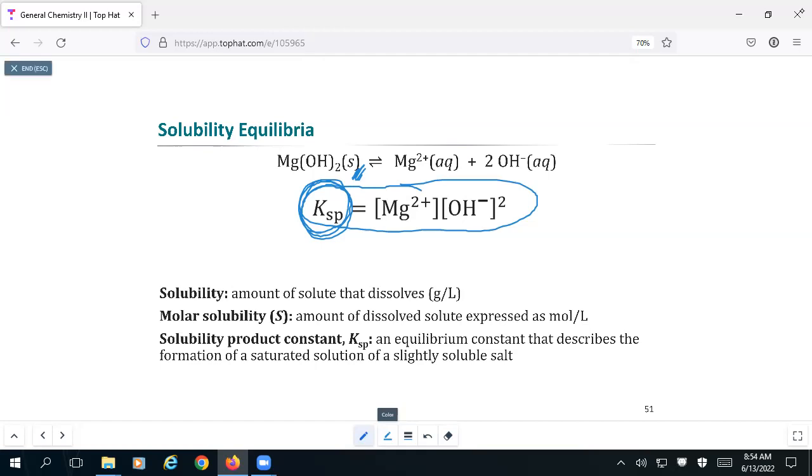Now, one thing about Ksp, we will always be dealing with saturated solutions. So if you remember your solution definitions from Chem 105, a saturated solution is one where we have the inability to dissolve any more stuff into it at that temperature. It's packed full.